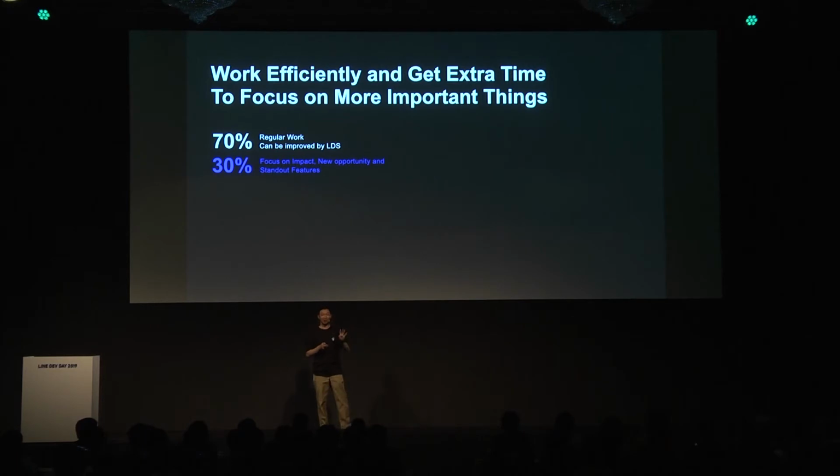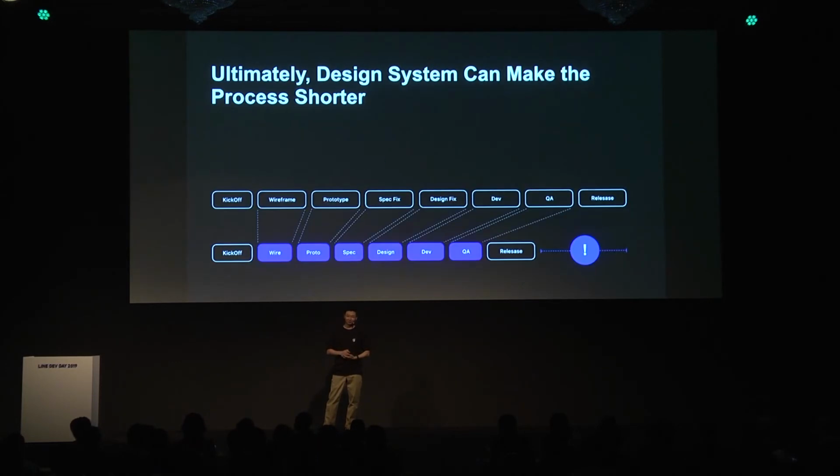LDS stands for Line Design System. And for the extra time, which is 30%, we can use that time to focus on impact, some new opportunities, or some standout features. So ultimately, the design system can make the whole process shorter like this.